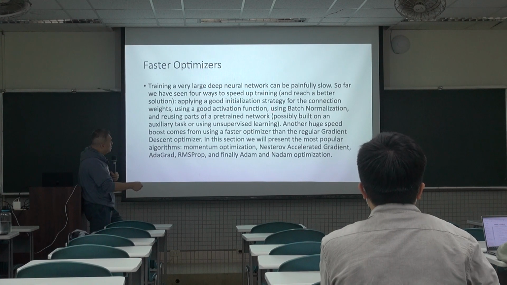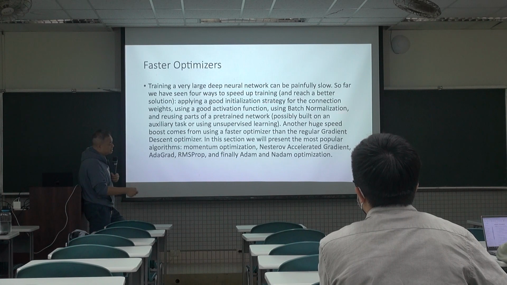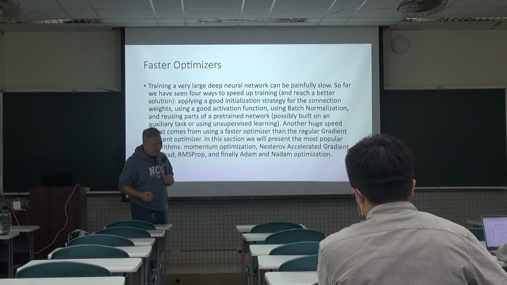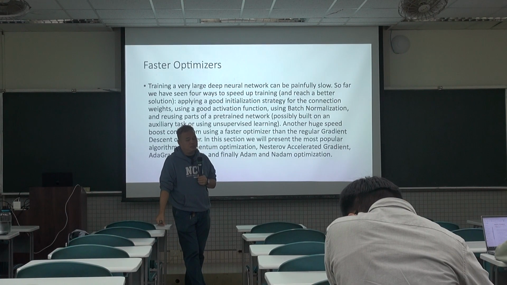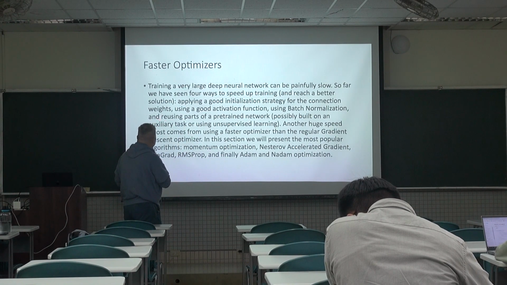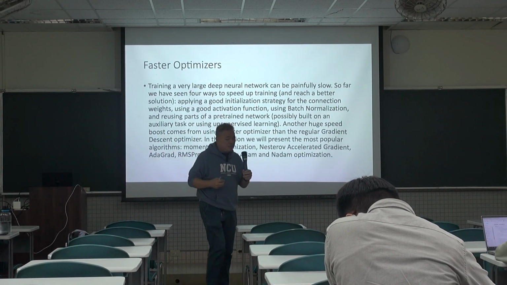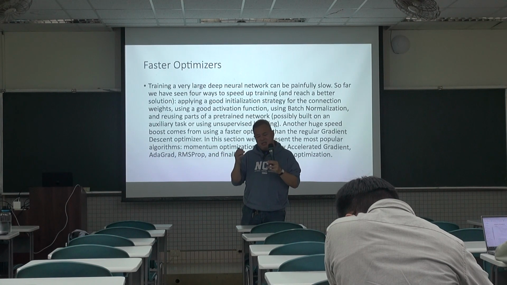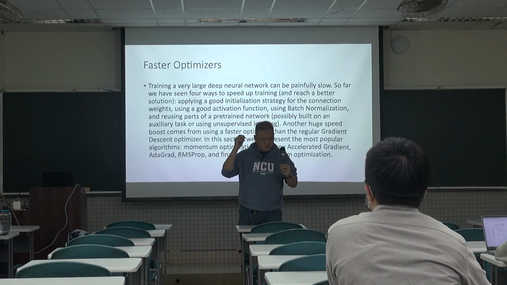Another approach is to use batch normalization. Remember I told you batch normalization speeds up the training; some studies say it speeds up training by 17 times, right? And transfer learning, obviously reusing part of the pre-trained network, not only reduces the required amount of labeled data, it also helps you get your model trained faster.